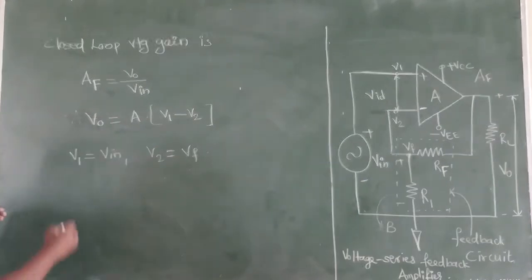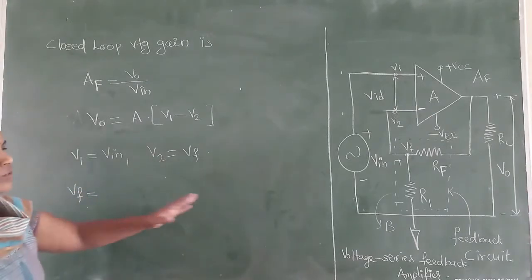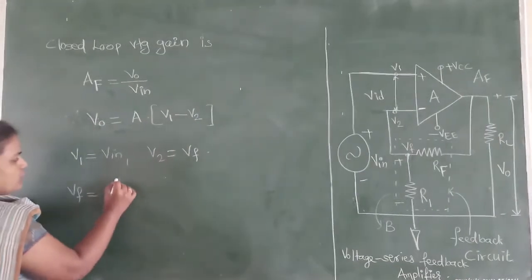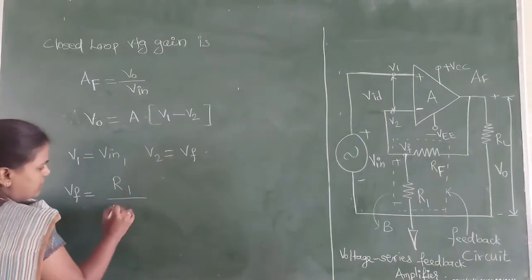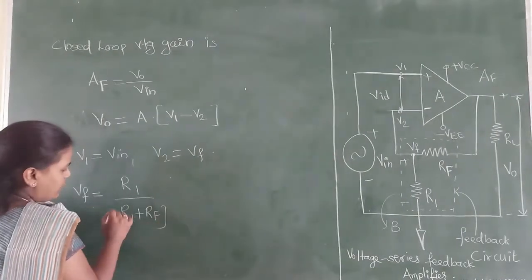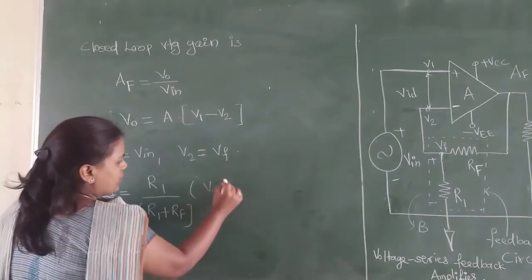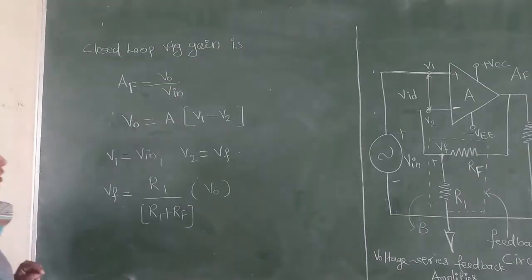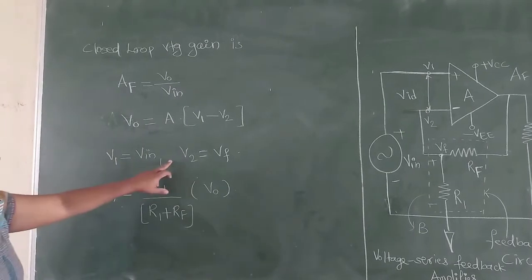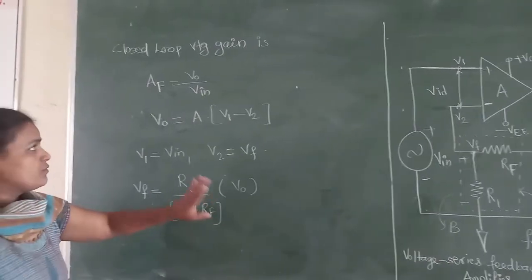Now find what the feedback voltage VF should be. By the voltage divider rule, VF is equal to the voltage across resistor R1 divided by the total resistance of the network R1 plus RF, into V0. Substituting V1 equal to Vin and V2 equal to VF, that is R1 by R1 plus RF into V0.